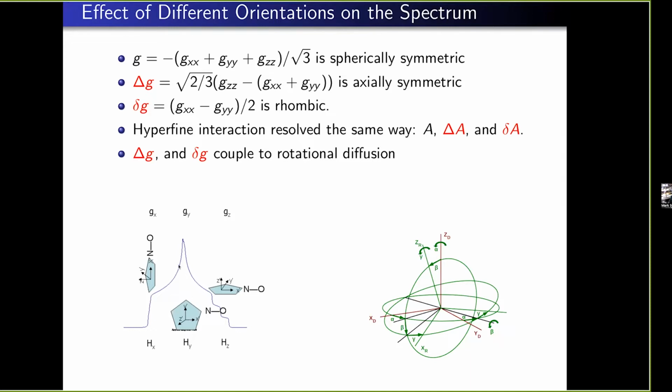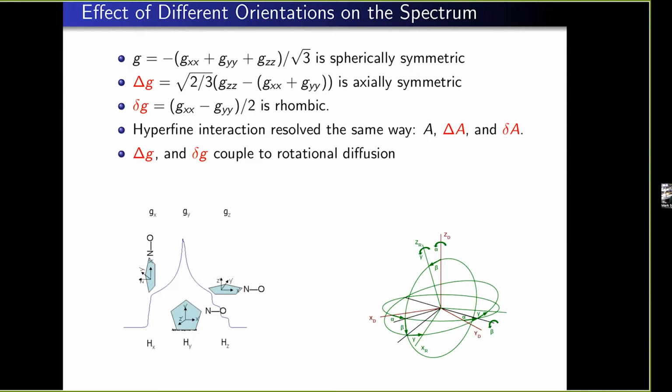And this is the contribution from the cohort of molecules whose y-axis is parallel to the laboratory z-axis. This in the field is known as a powder pattern, and it arises when all possible orientations of a molecule in this case are equally likely.